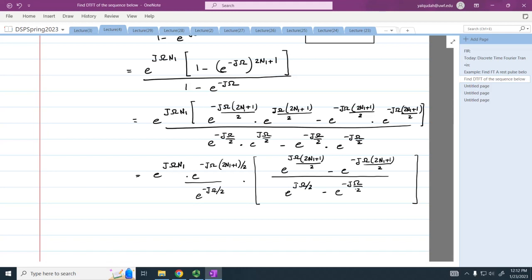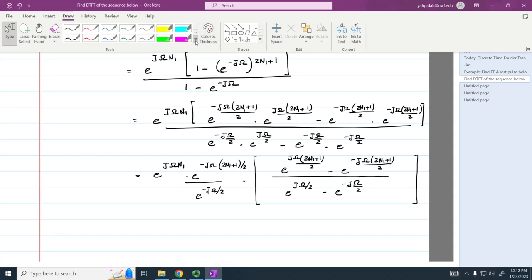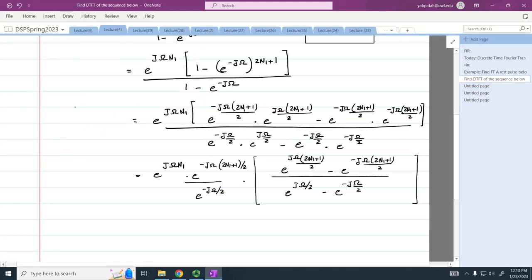All what we've done, we've taken this factor out as a common factor. I've taken this factor out as a common factor, this factor out as a common factor. Make sense? Okay.